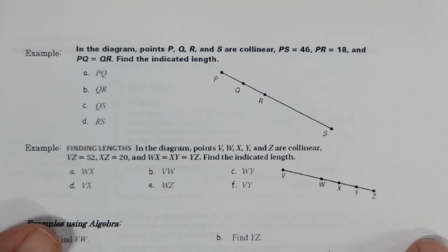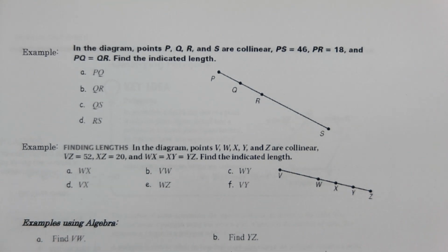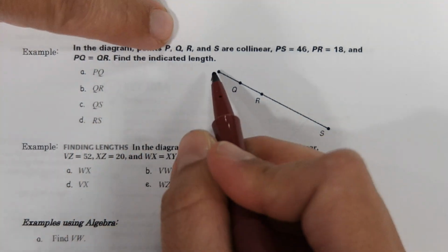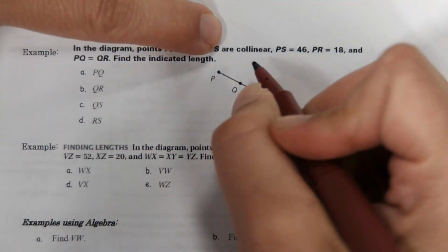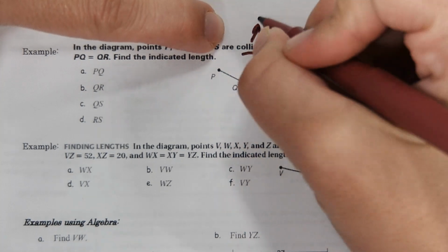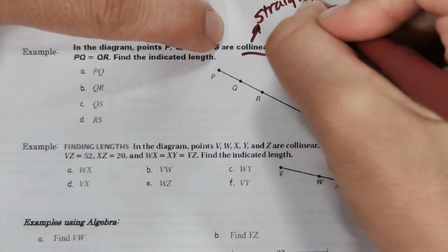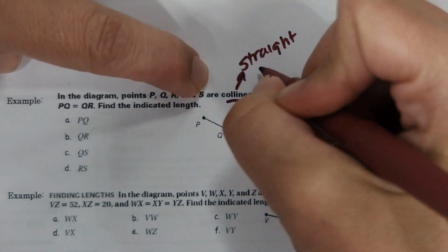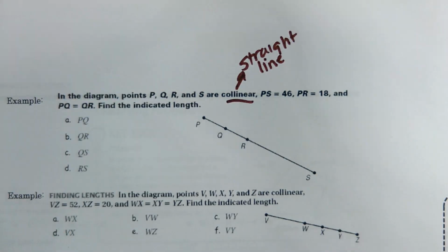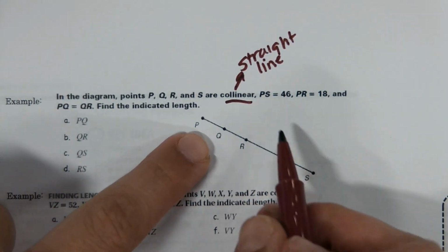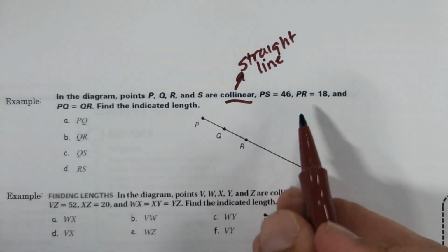So then over here, we're going to do some practice problems together and just like build on what we just learned. Okay, so it says in this diagram, P, Q, R, and S are collinear. Remember, that means they fall in a straight line. And so what we're going to do is we're going to label this with the numbers that they gave us.